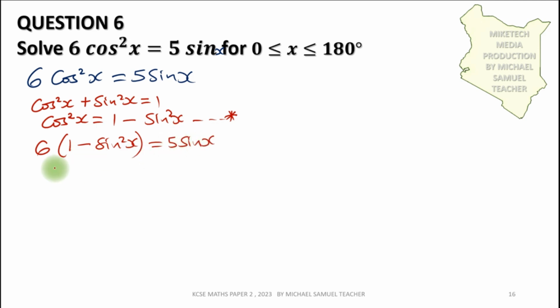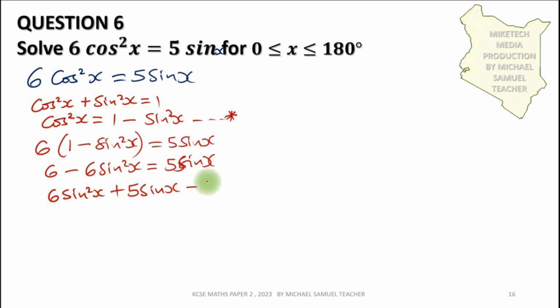So open the bracket, we have 6 minus 6 sine x squared equal to 5 sine x. So we can rearrange, and it will be 6 sine x squared plus 5 sine x minus 6 equal to 0.